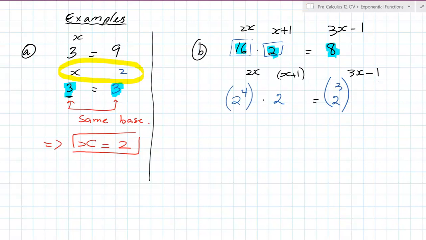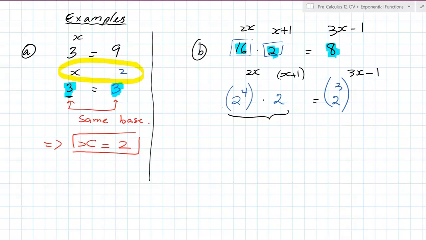Excellent. Now we have two separate expressions on the left hand side that are being multiplied. So let's do the math on that one. But before we do that, we need to simplify it, because we have to use the exponent laws.